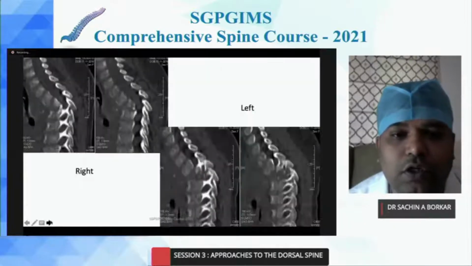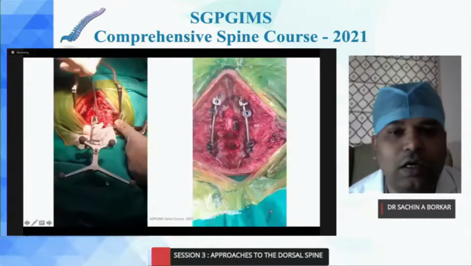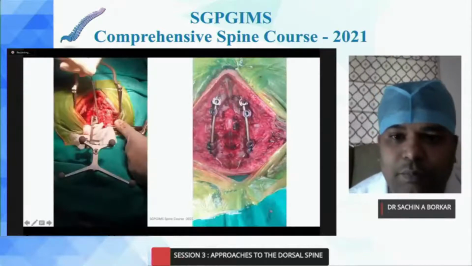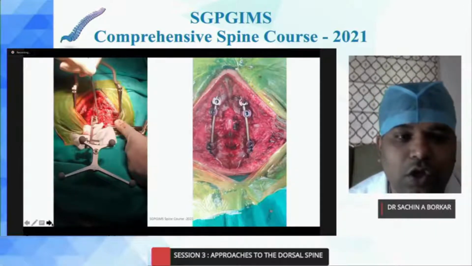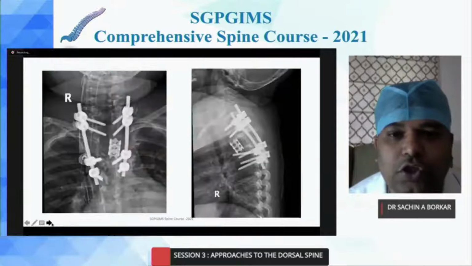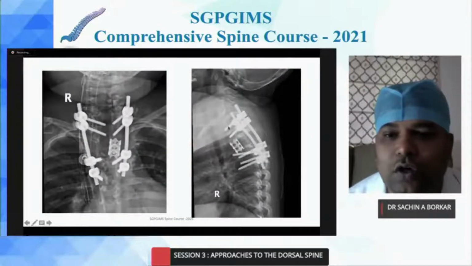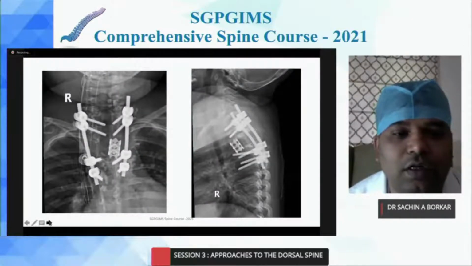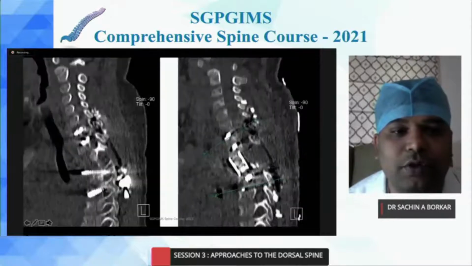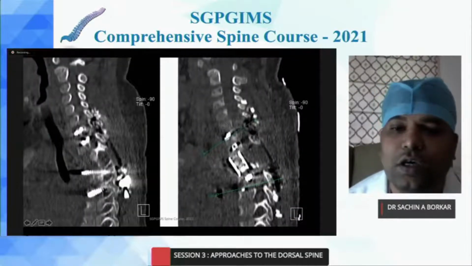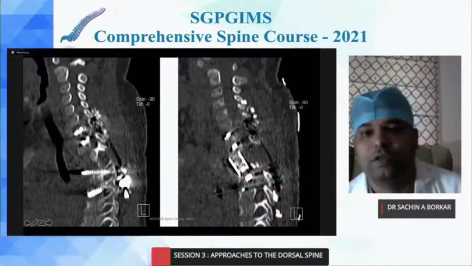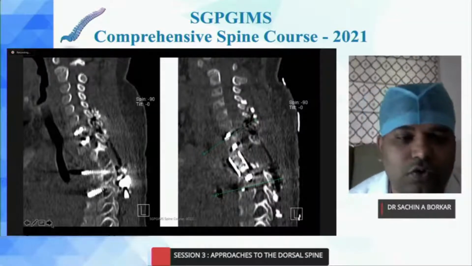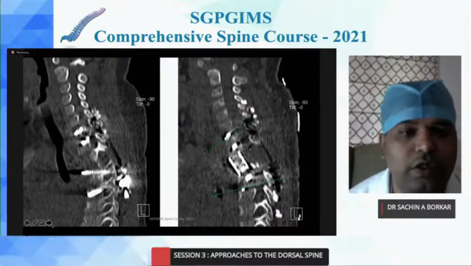So what we did is a posterior decompression and a posterolateral approach and decompression of all the granulation tissue, and this is what was achieved after decompression and fixation. As you can see, the cage is well placed, the screws are well placed, and the alignment is corrected. The kyphosis changed from 38 to 20 degrees.